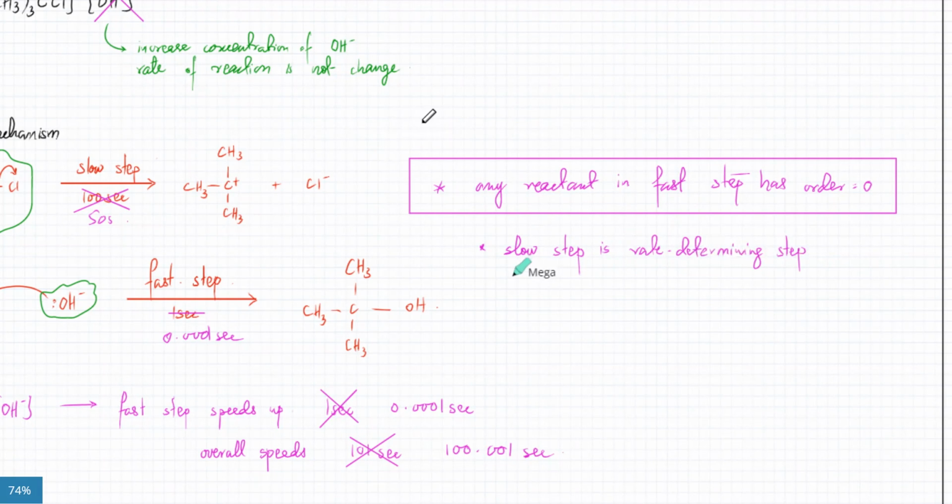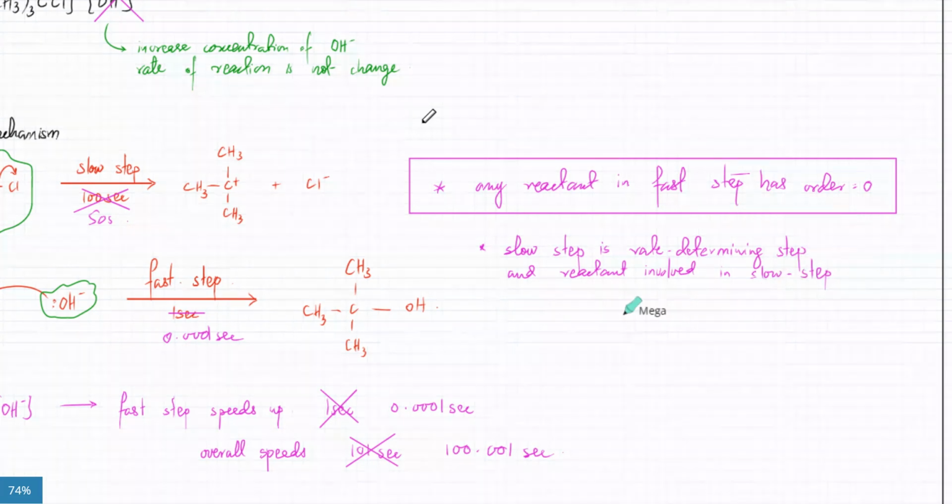And any reactant involved in slow step is order one, which basically means that the rate of the reaction would depend on it.